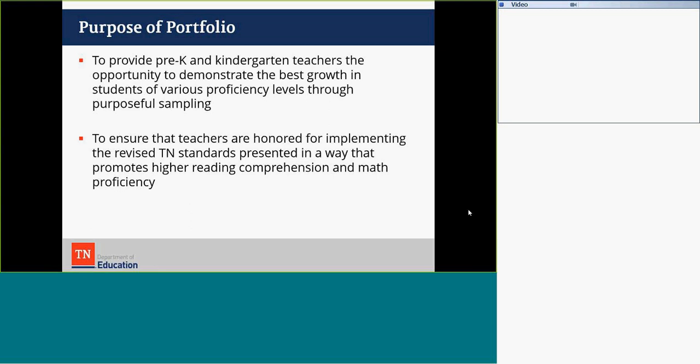The Tennessee standards promote higher reading comprehension and math proficiency, and we're excited to see this as an opportunity for pre-KK teachers to deepen their content knowledge around the standards. We feel this work with the revised standards will be a support to teachers as they dive deeper into them.